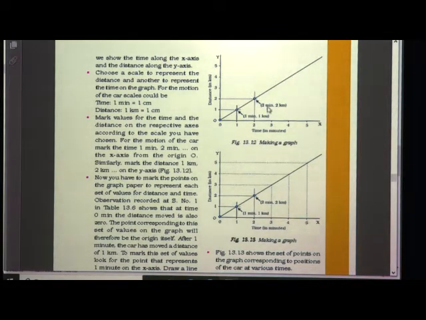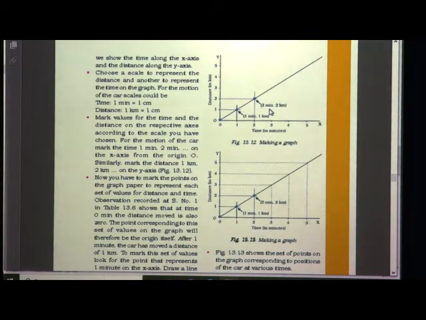This is on x, this is on y. These lines cross each other, and the intersection point tells us that after 2 minutes, 2 kilometers distance is covered by that vehicle. Like this you have to draw a line graph.